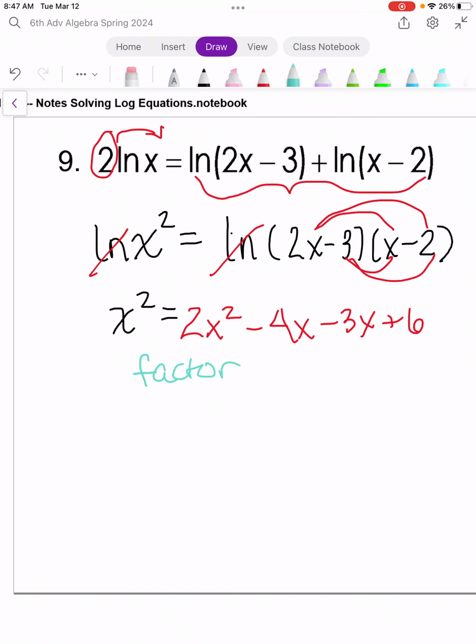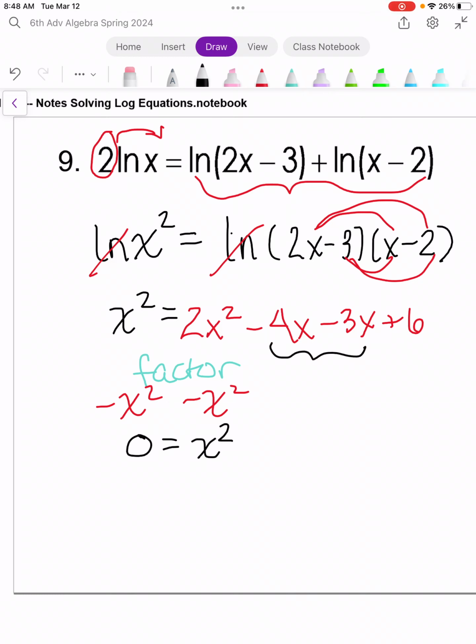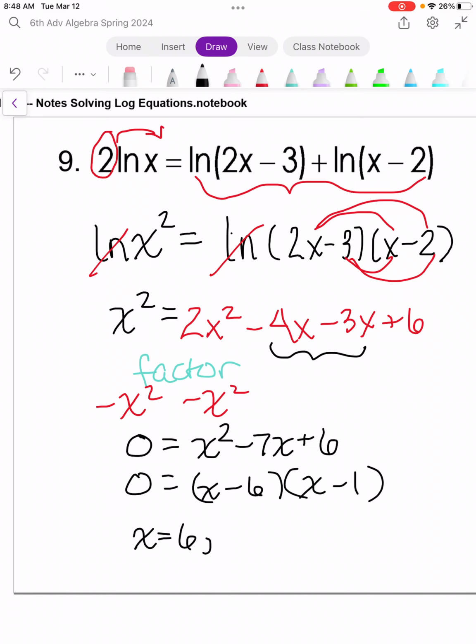If you like to complete the square, complete the square. If you like the quadratic formula, that's fine. I'm going to subtract x squared from both sides, so I have 0 equals x squared, now negative 4x minus 3x becomes negative 7x plus 6. To factor this, the two numbers that multiply to 6 but add to negative 7 are negative 6 and negative 1. So my two solutions here are x equals 6 and 1.